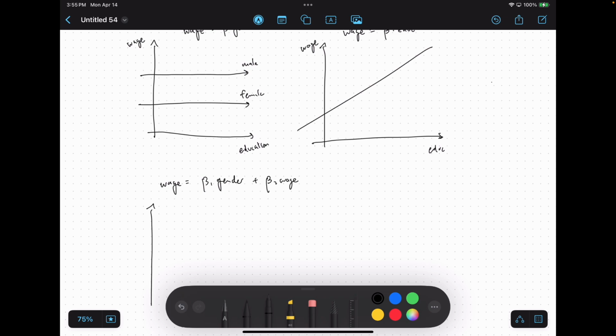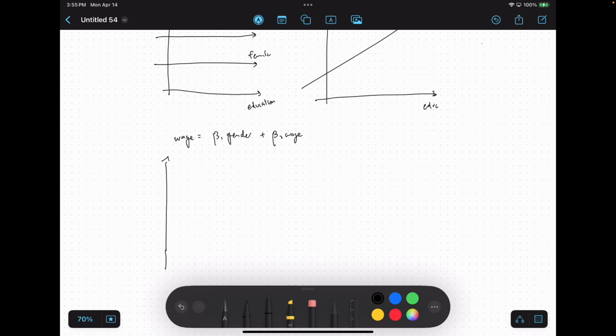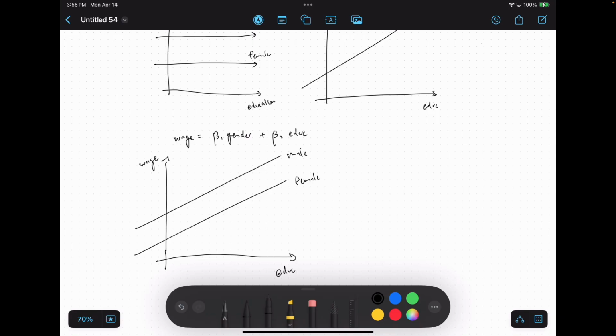In that case, you have two lines here, male and female.